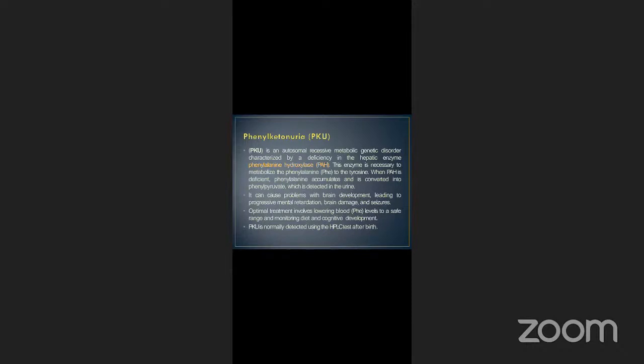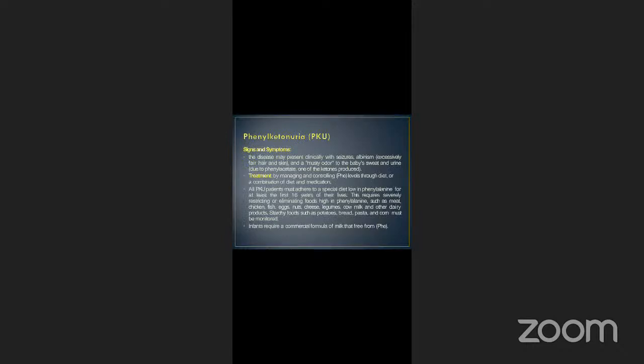Then we are feeding them food having phenylalanine. The child is already accumulating phenylalanine, and again we are giving a diet with phenylalanine, and the disease progression will be much faster, right? So that's why newborn screening is very essential for children.